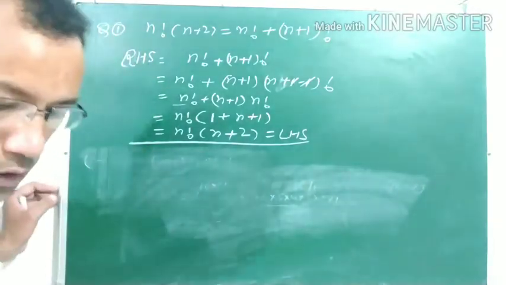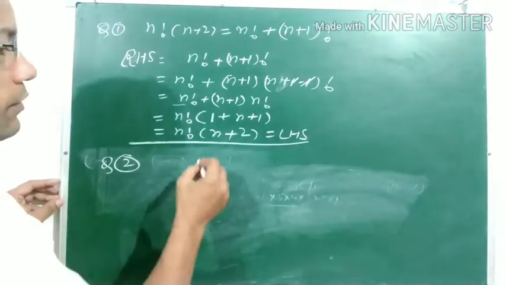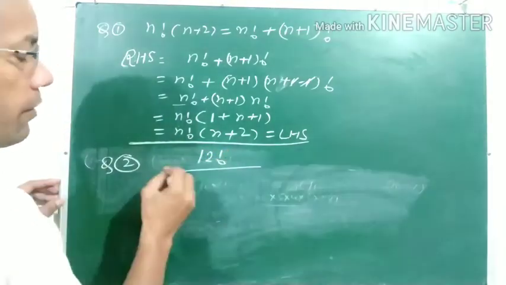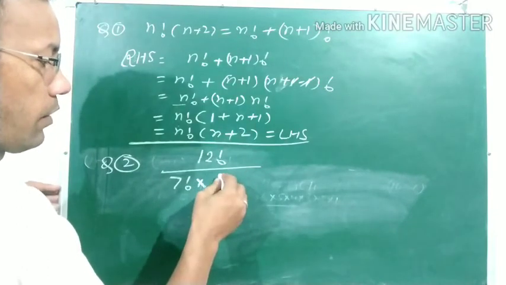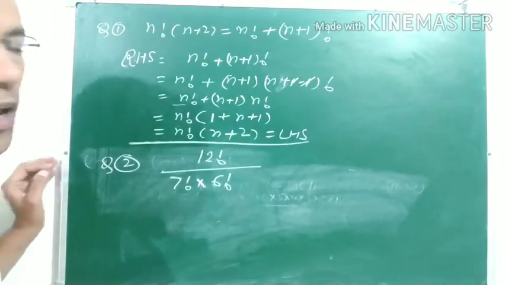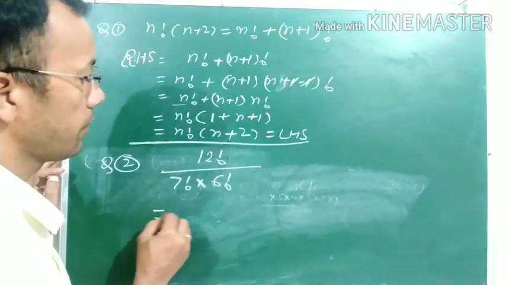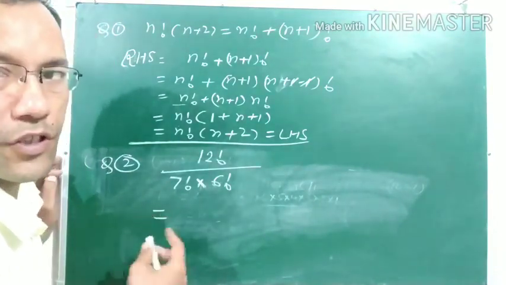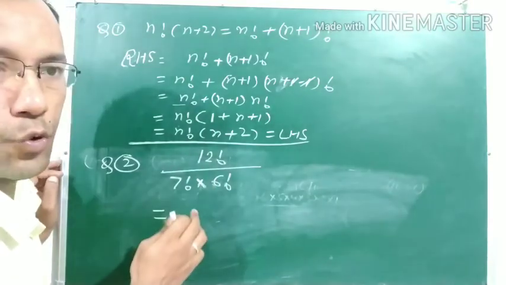Now, problem number 2. If we have 12 factorial divided by 7 factorial into 6 factorial, what is the minimal form of this? See, first check the denominator which is nearest to 12.